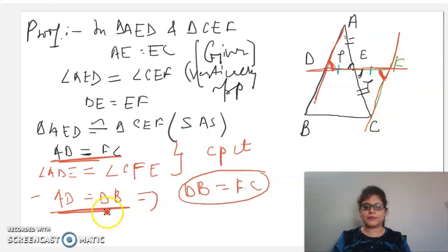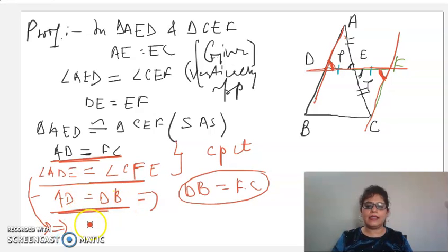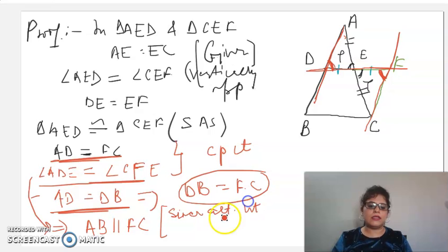Yeah. Also, from this, what does this imply? This implies that AB is parallel to FC. Why? Since alternate interior angles are equal.